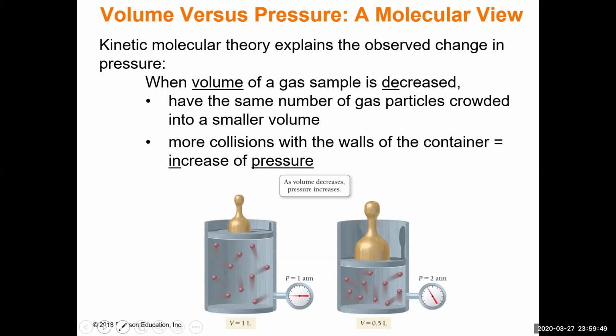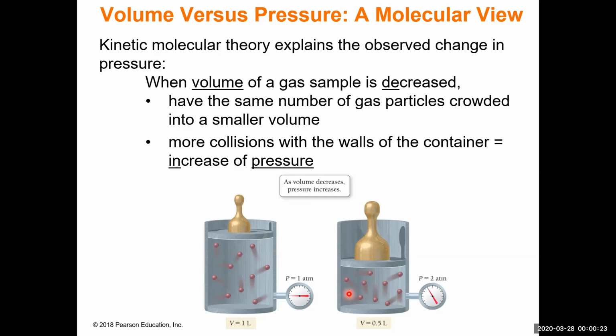Now, kinetic molecular theory explains the observed change in pressure. So we see that when the volume of a gas sample is decreased, so as we're pushing down on the top part of this piston, we still have the same number of gas particles, but now in a crowded and smaller volume.